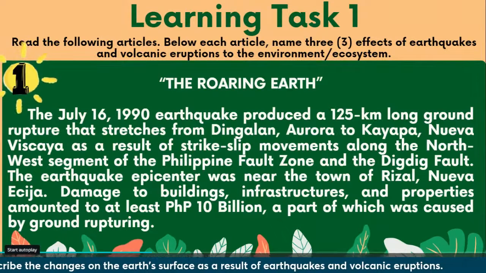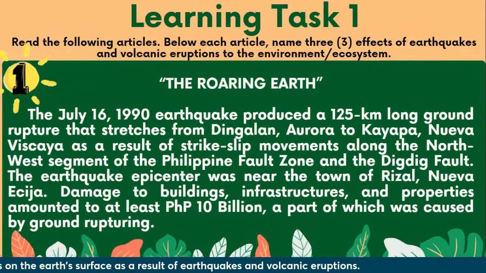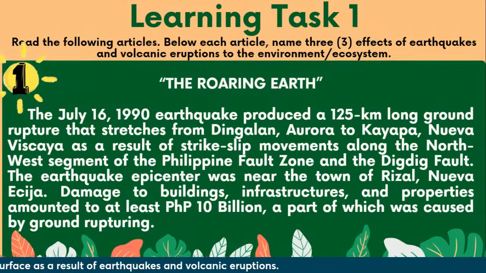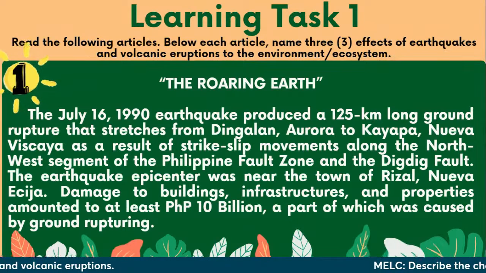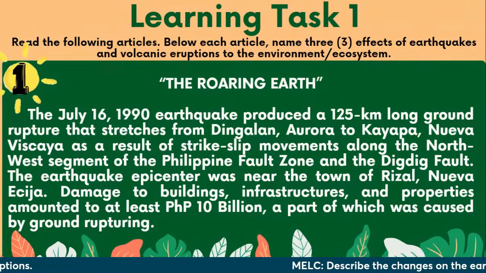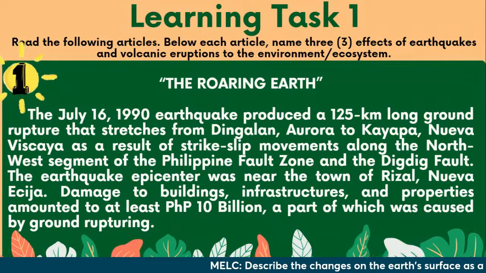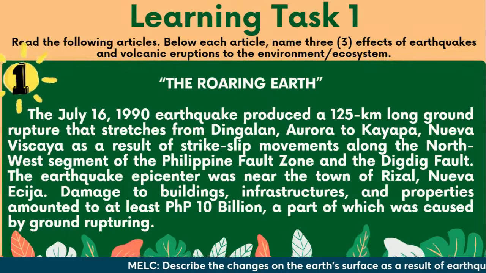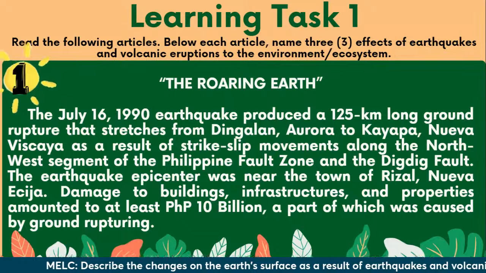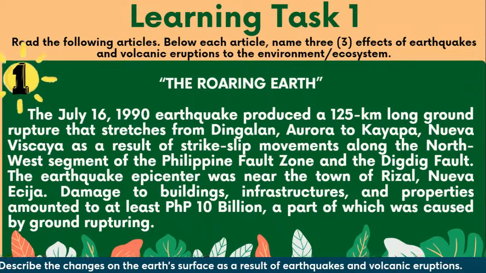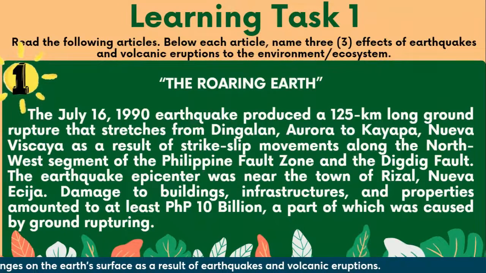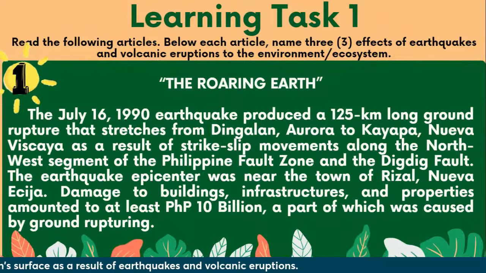The July 16, 1990 earthquake produced a 125-kilometer-long ground rupture that stretches from Dingalan, Aurora to Cayapan, Nueva Vizcaya as a result of strike-slip movements along the northwest segment of the Philippine Fault Zone and the Dig-Dig Fault.